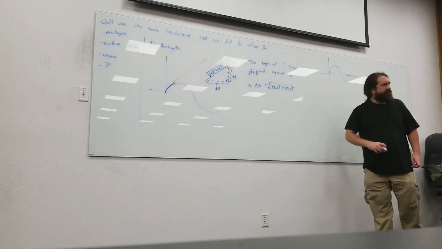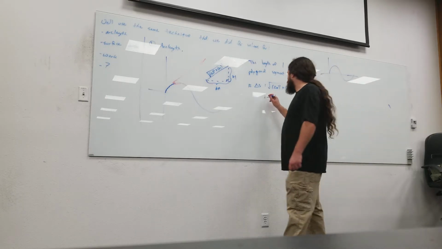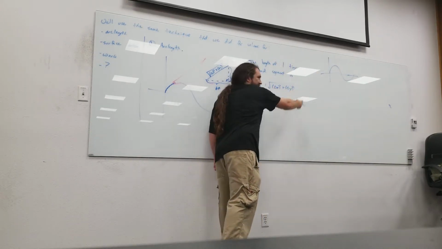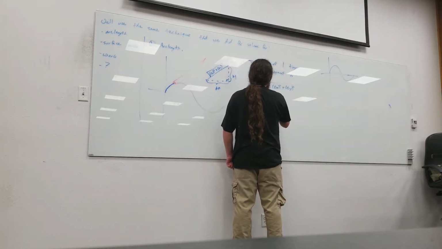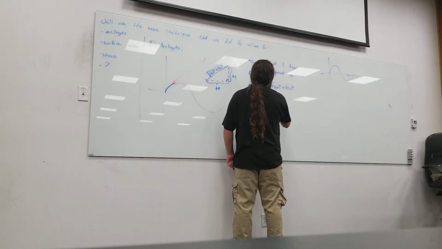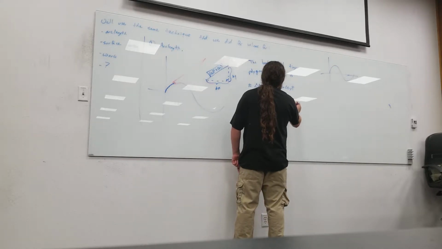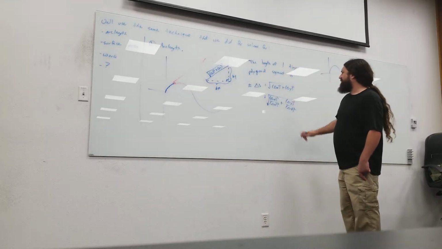Now, if I'm going to get this by integrating with respect to x, I need to get this delta x out here, right? So all I'm going to do, I'm going to divide by delta x squared inside, and then multiply by it.